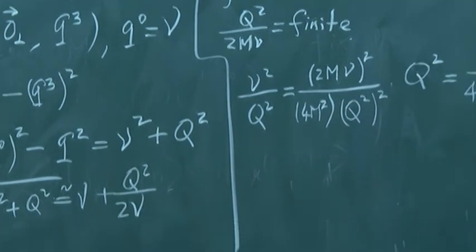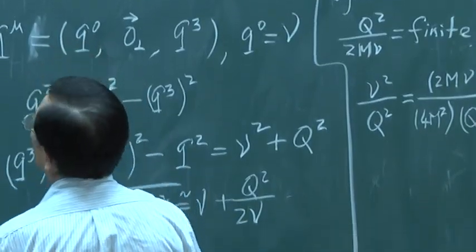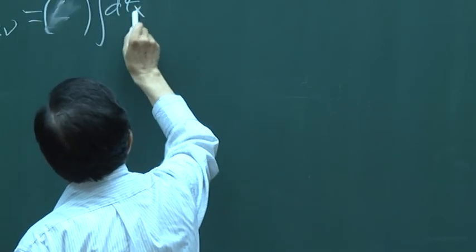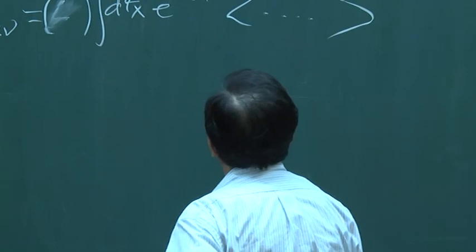All right? Now, what I want is this W1 mu equal to some constant, the integral of d4x e^{iQ·x}, and then like that, right?